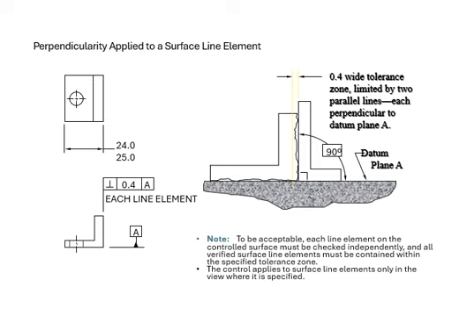Of course, since we are drawing this view in this example, it's mentioned here as well. Since we are dealing with this view, it's set here. See, the control applies to the surface line elements only in the view where it is specified.